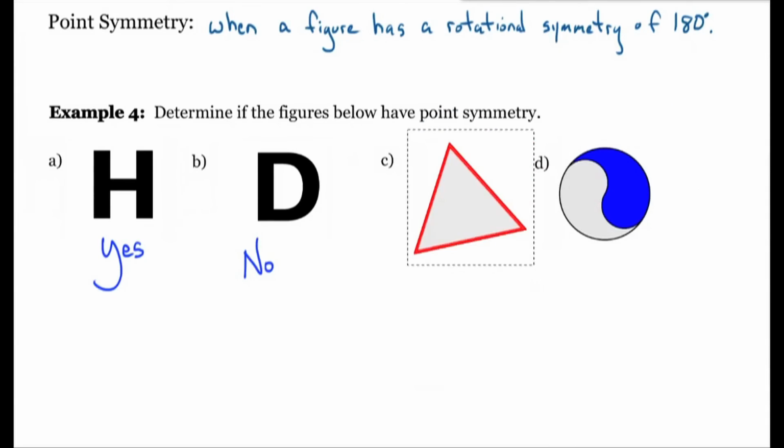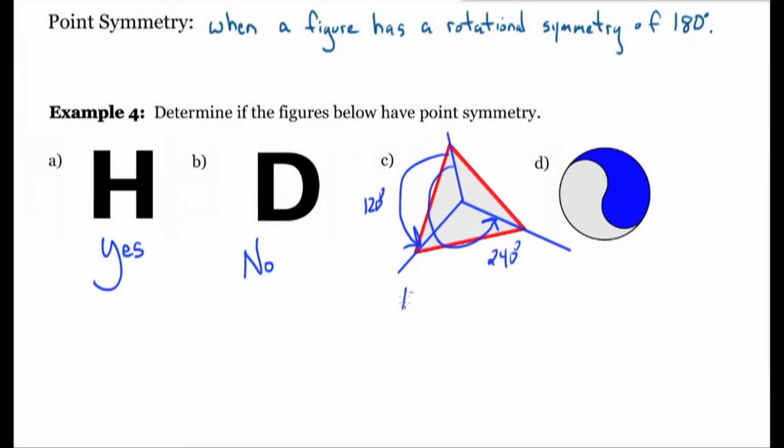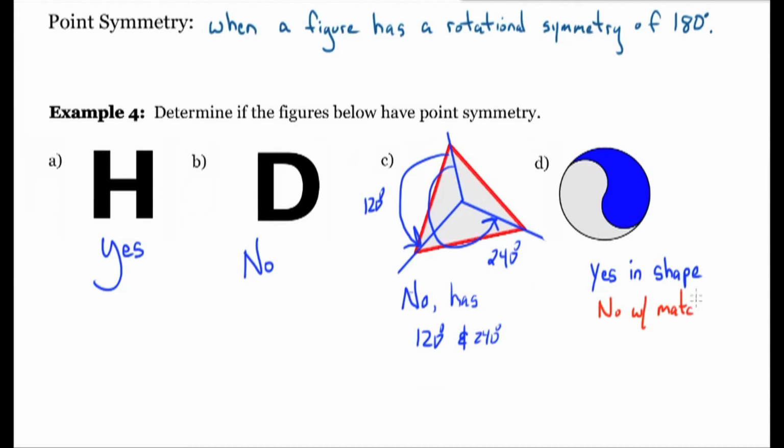But it does have rotational symmetry of 120 degrees and 240 degrees. And the yin-yang in part D, if I rotate it, I get the same shape, but the colors are different. So yes for the shape, but if we're looking at the colors, they don't match. The equilateral triangle doesn't have point symmetry.